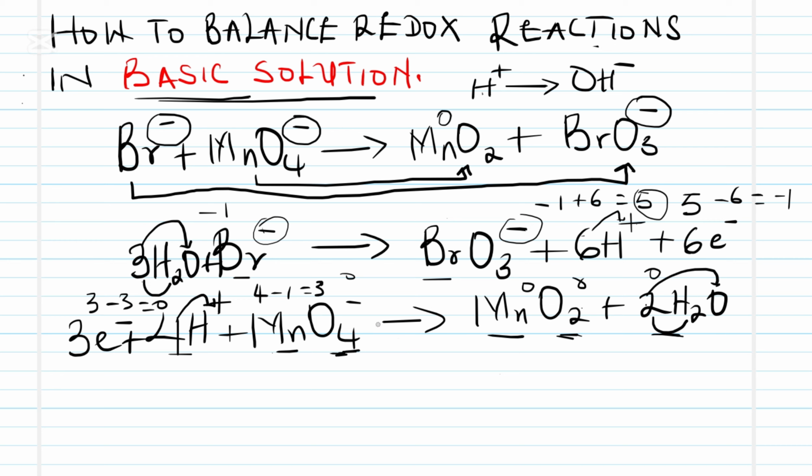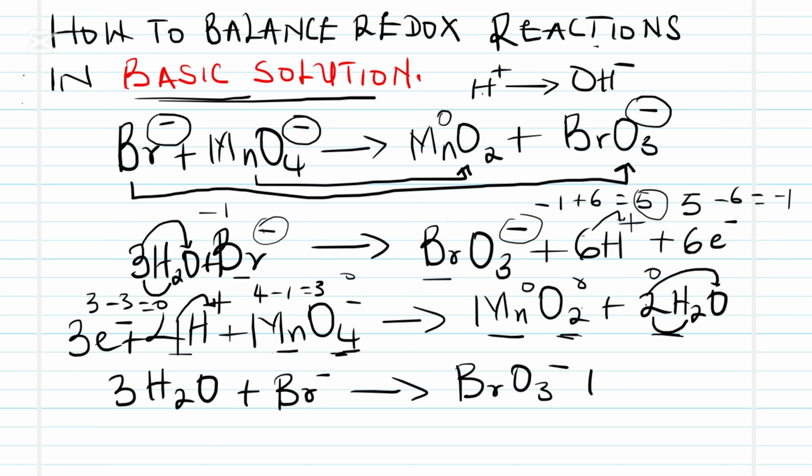But before we add them together, we must make sure that the number of electrons on both sides are equal. So I'm going to copy this down again. Here we have 3H2O. This is our first reaction, plus Br minus. We put our arrow. We have BrO3 minus plus 6H plus plus 6e minus.